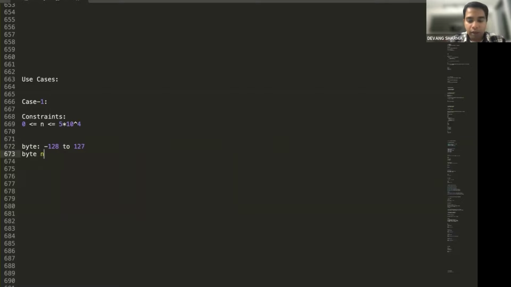So can you store 50,000 in something which has a range of 127? Can you store 10 liters of water in a bucket which has a capacity of 2 liters? You cannot. So you cannot store 50,000 in something which has a capacity of 127. So it is not going to be a byte. Is it going to be a short?